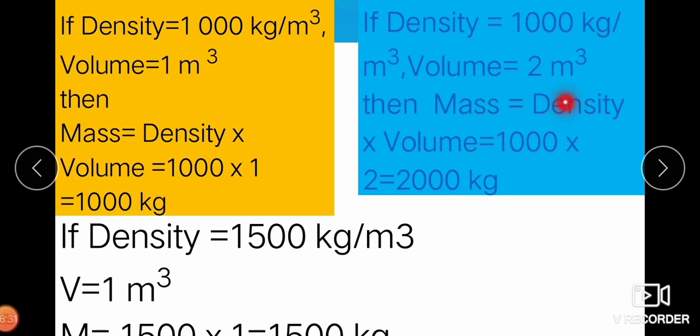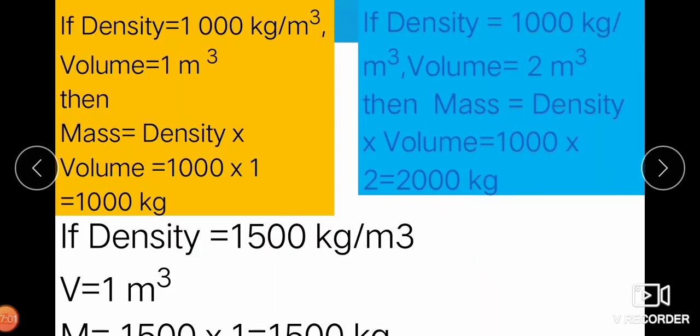If density is equal to 1000 kg per meter cube and volume is 2 meter cube, then how much mass of water will be there? If volume is 2 meter cube, mass will be calculated by density into volume. This 1000 multiplied by 2 is equal to 2000 kg. So if volume doubles, mass occupied also doubles.